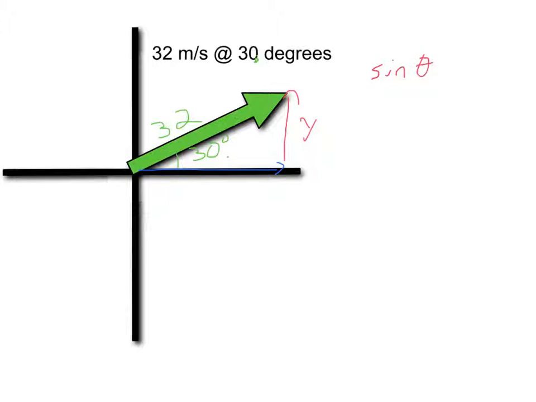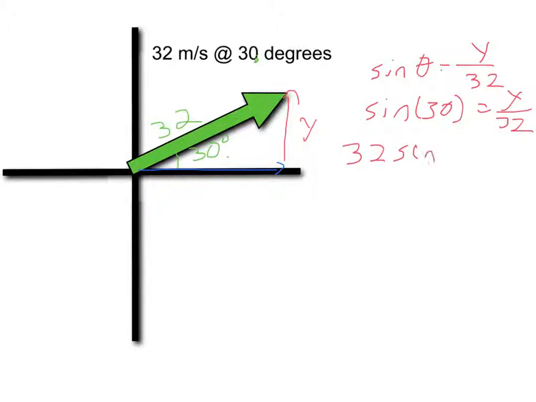Sine of my angle equals opposite y over the hypotenuse, 32. So sine of 30 equals y over 32.